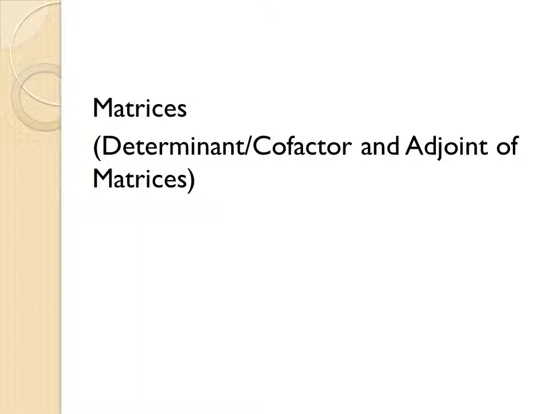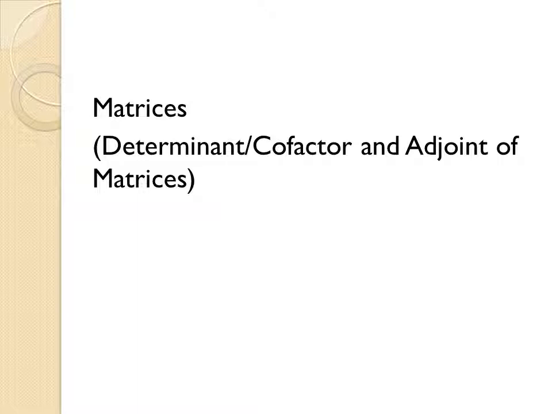Similarly here in matrices, determinant, cofactor, adjoint are very common terminology, and we have to find them for either a 2 cross 2 matrix or a 3 cross 3 matrix. So first we have to know the definition of determinant, the definition of a cofactor, the definition of the adjoint, and how to find those for a 2 cross 2 matrix and for a 3 cross 3 matrix. So this tutorial is about that.